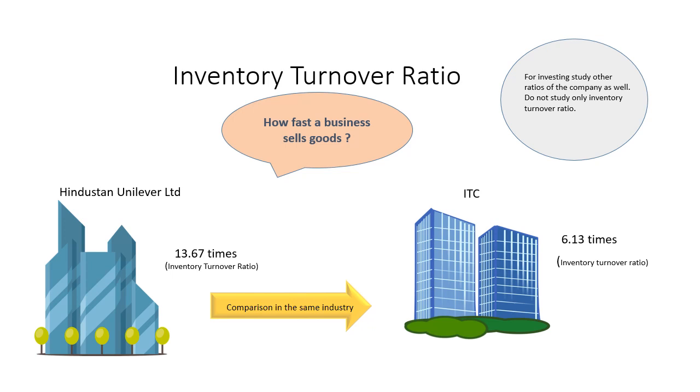As you can see, the inventory turnover ratio of HUL is 13.67 times and that of ITC is 6.13 times, which means that HUL is faster in selling its products than ITC and obviously better in inventory management. However, that is not the only consideration for a better investment.